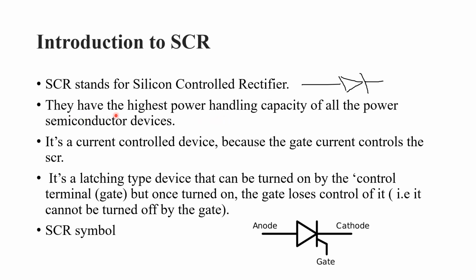Talking about the second point, they have the highest power handling capacity of all power semiconductor devices. As I said, SCR belongs to the thyristor family and hence they are used for high power application since they can withstand high voltage because of their four layer construction of alternating P and N type material.